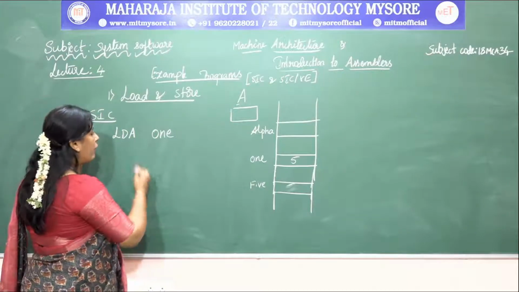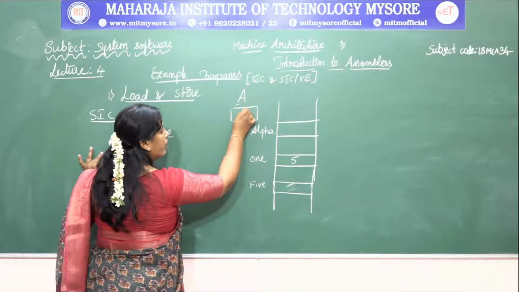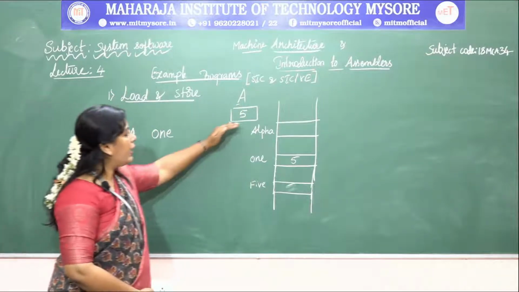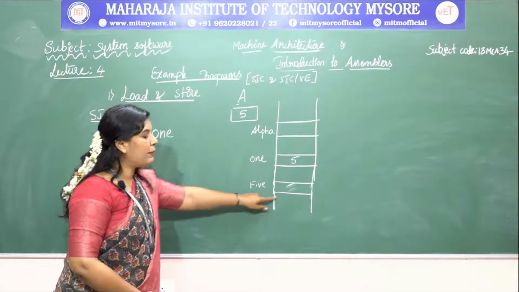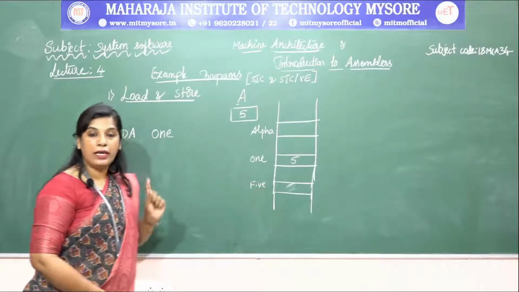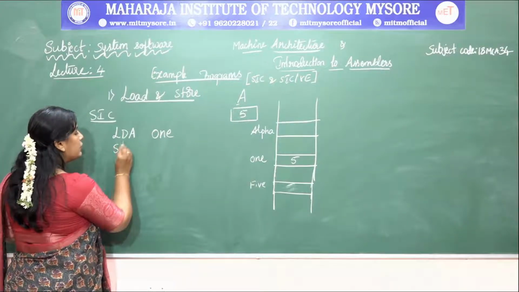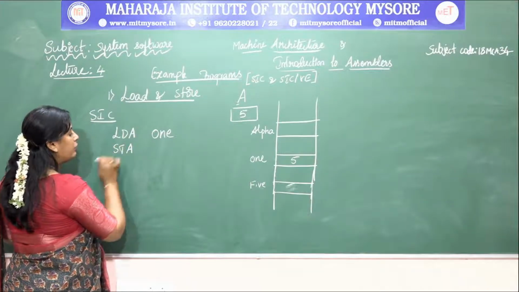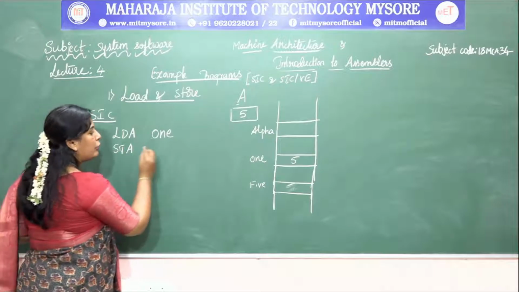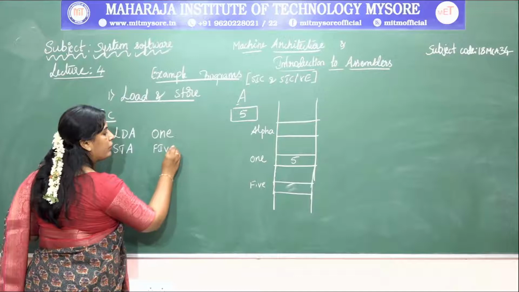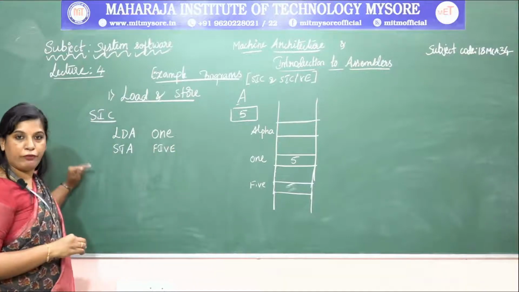Now the accumulator has the integer value 5. In a similar way, I want to move the value present in the accumulator to memory location 5. For that, which instruction do we use? The store instruction. So store the accumulator value to memory location 5.